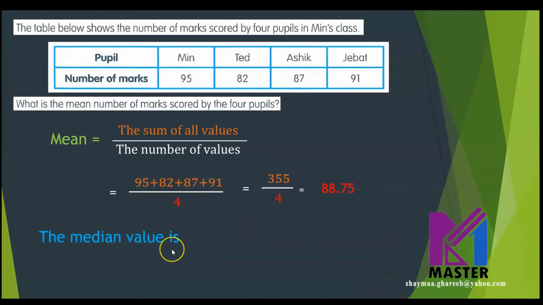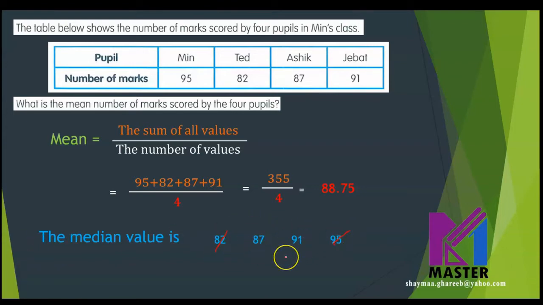What about the median value? Do you remember the median? We said the median is the number exactly in the middle. But before you start to find it, you have to arrange all the values from the smallest to the greatest. So we are going to arrange the values 82, 87, 91, then 95. Then we are going to cross, as we said before, the smallest value with the greatest value.